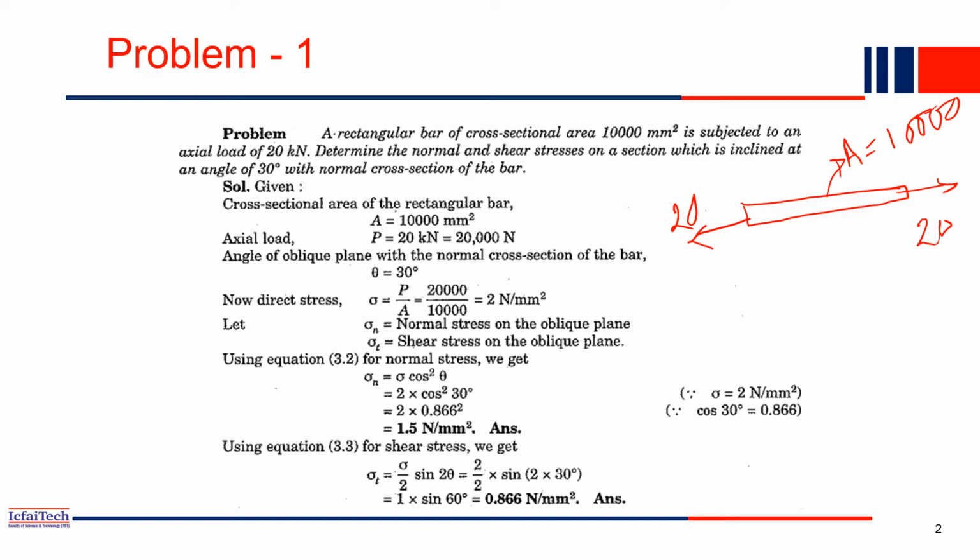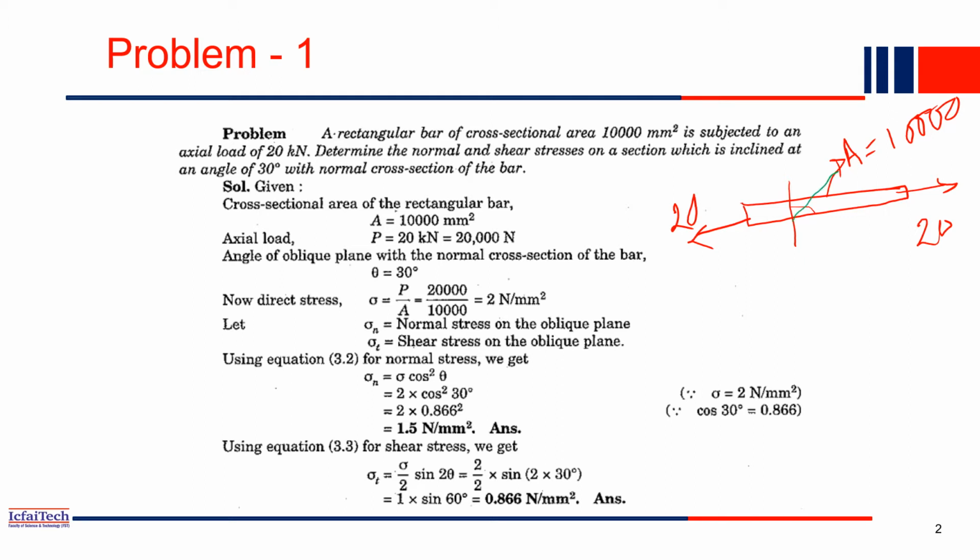Determine the normal and the shear stress on a section which is inclined at an angle of 30 degrees. So now consider a section here. This angle will be 30 degrees. So this is our section. I'll just draw it in some other color.